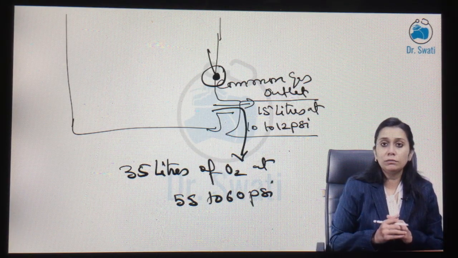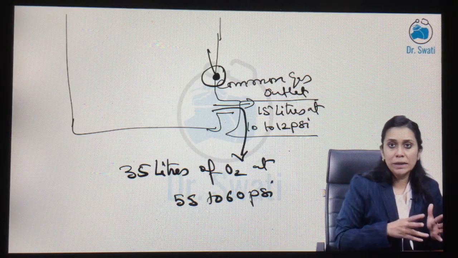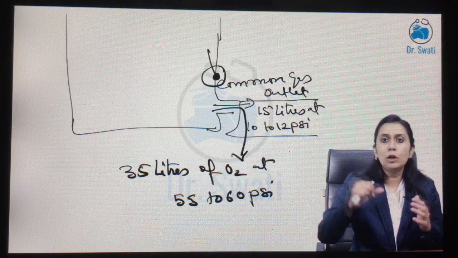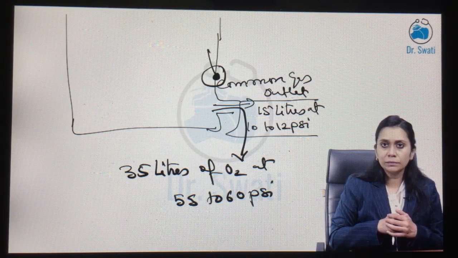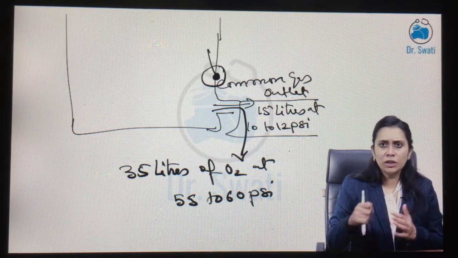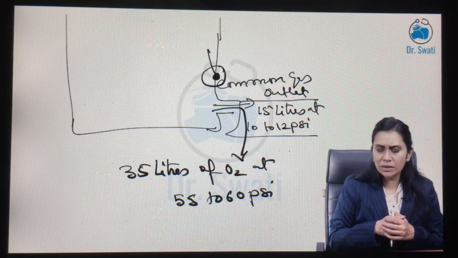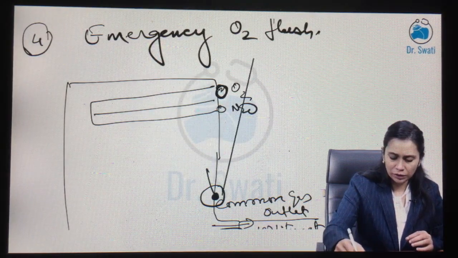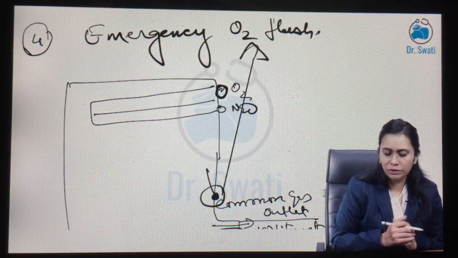This pressure is part of the intermediate pressure system, but this is located in the low pressure system, right? It has the pressure of the intermediate pressure system. This is called the emergency oxygen flush. Got it?